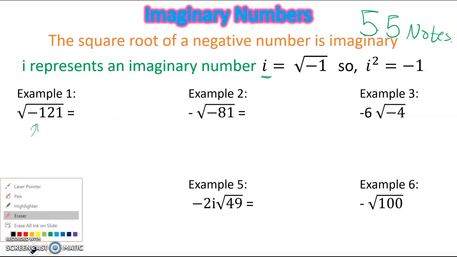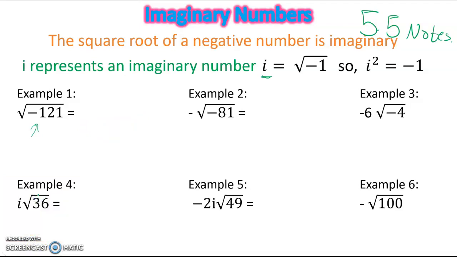Whenever we deal with negative numbers underneath the square root sign, the first thing we always want to do, like we've been doing before, is split up the square root. But one of the square roots has to be the square root of -1, because we see from our property up here that i is equal to the square root of -1.